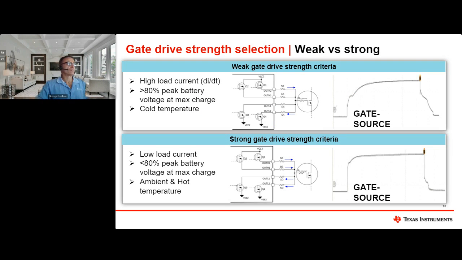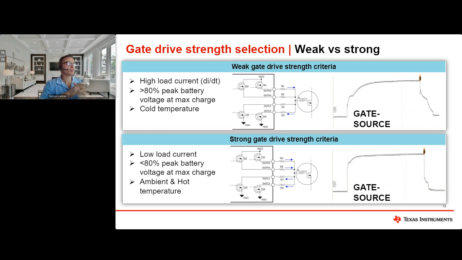And so what I'm showing here is some kind of design guidelines. So when the load current is high, when your peak battery voltage at maximum charge is over 80%, and when you're starting up the vehicle or operating the vehicle in cold temperatures, depending on where you live, then you should be using weak gate drive.